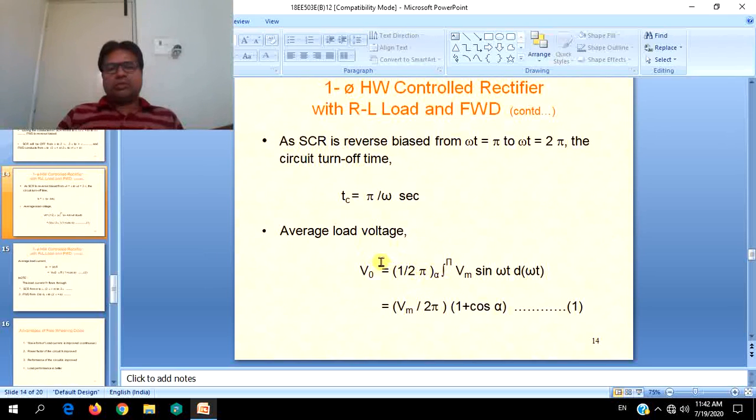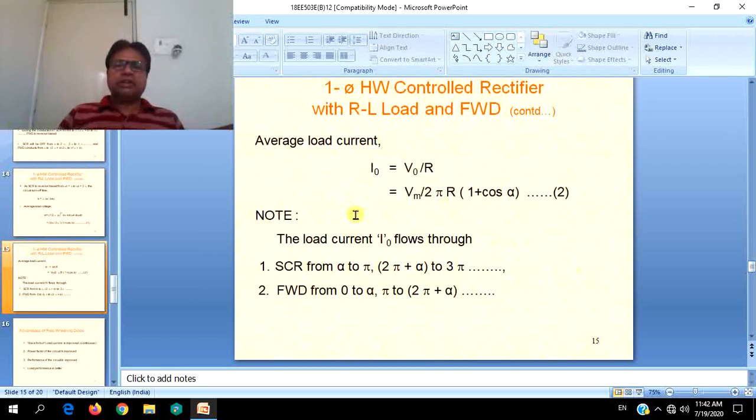So to get the average load voltage, you have to take the span for the total cycle 2 pi. It is 1 by 2 pi integral alpha to pi Vm sin omega t d omega t, which can be calculated as Vm by 2 pi into 1 plus cos alpha, and eventually the current will be V0 by R, Vm by 2 pi R into 1 plus cos alpha.